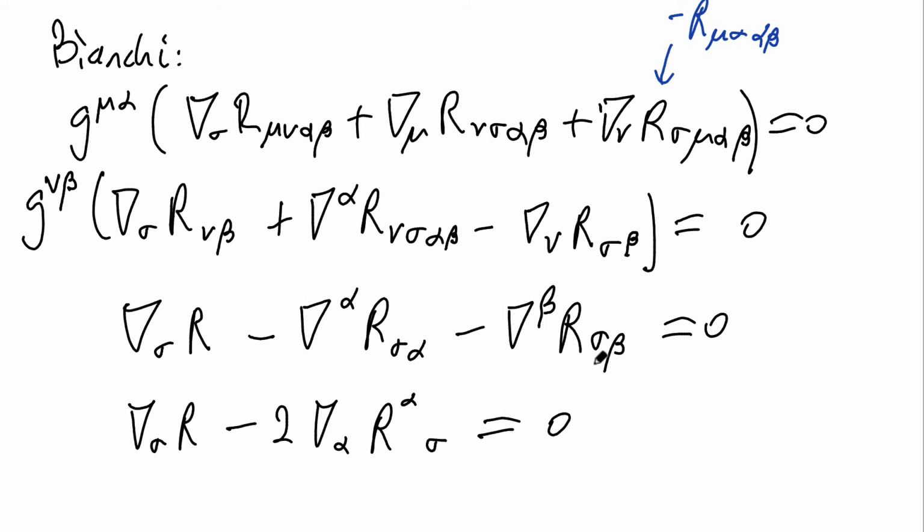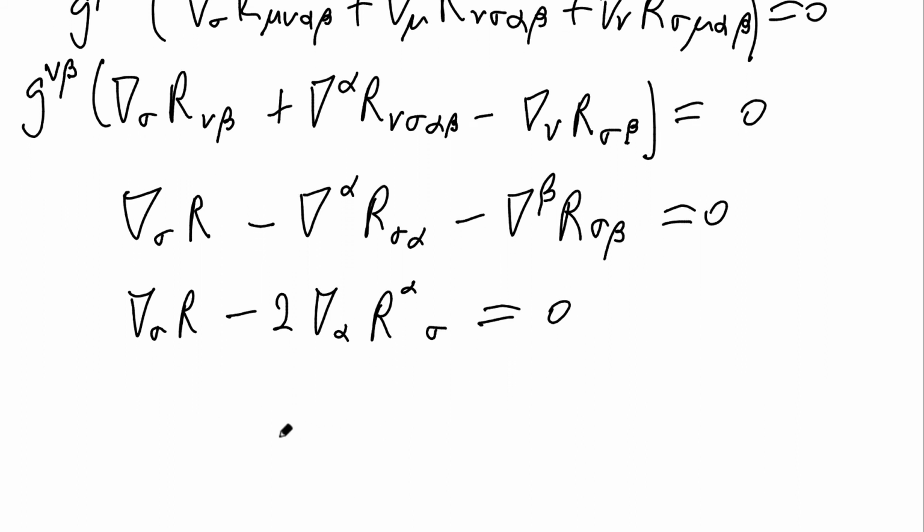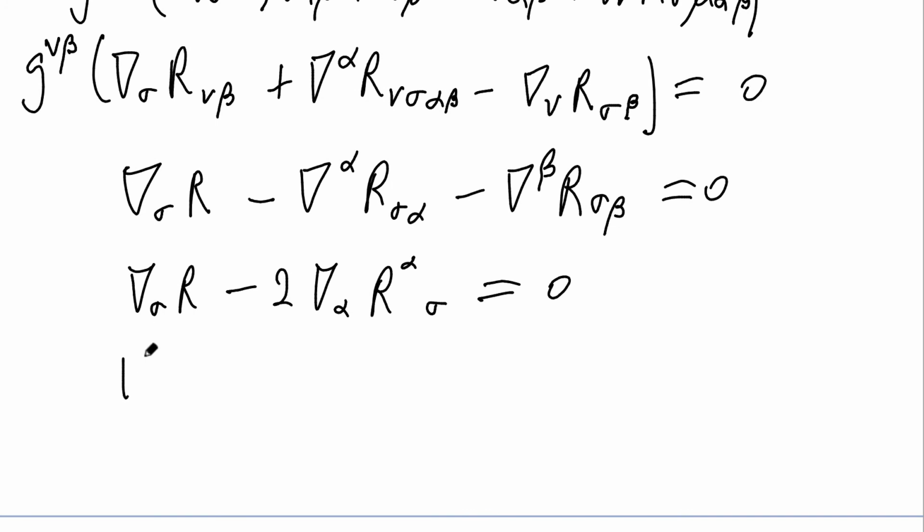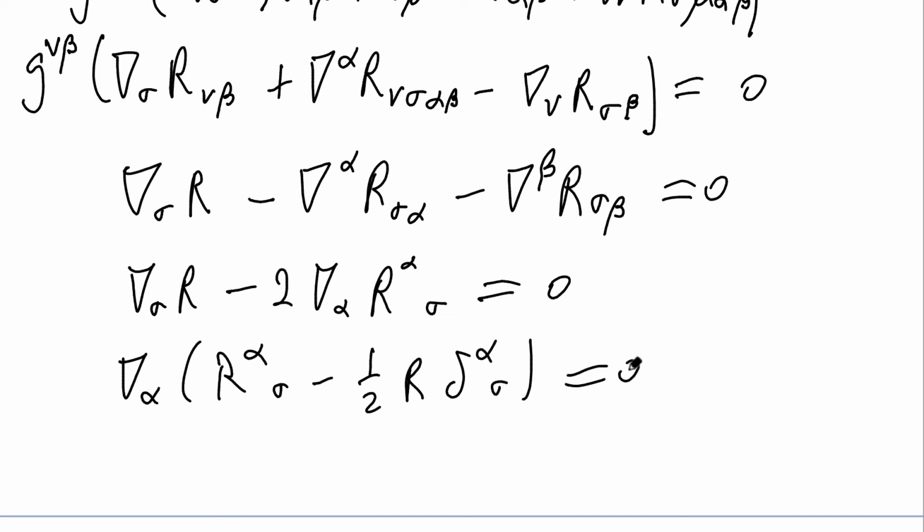This is equal to 0. Now multiplying through by minus 1/2, we see we can write this as ∇_α acting on R^α_σ minus 1/2 R, the curvature scalar, δ^α_σ equals 0. But of course this is just the Einstein tensor, G^α_σ.